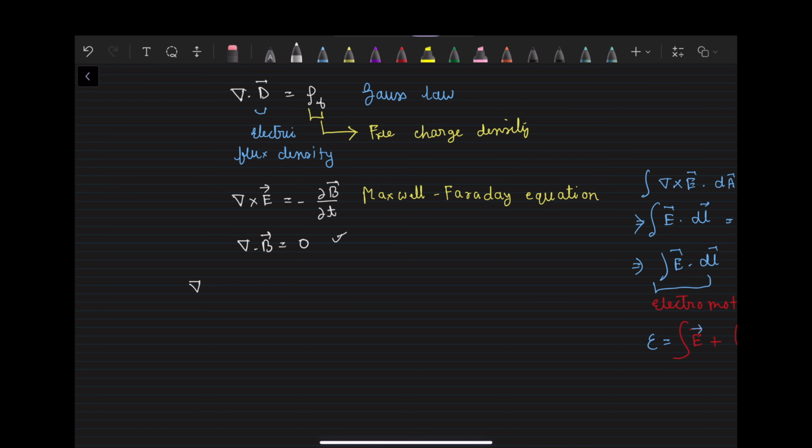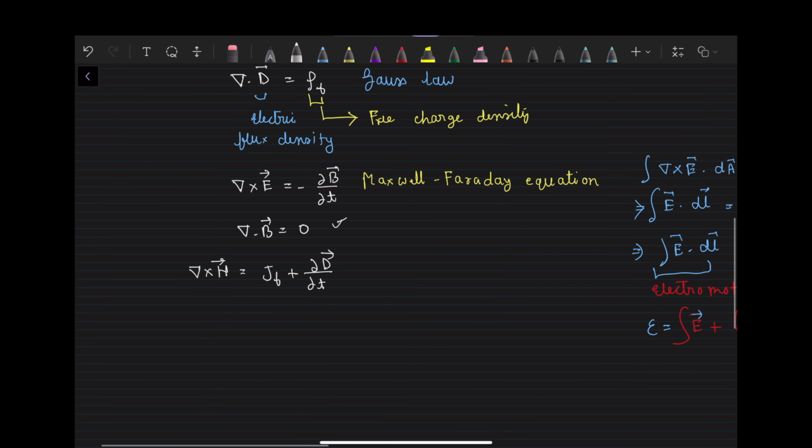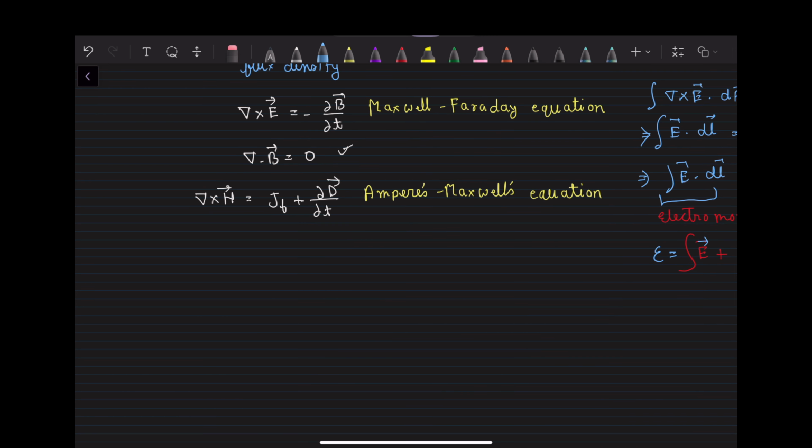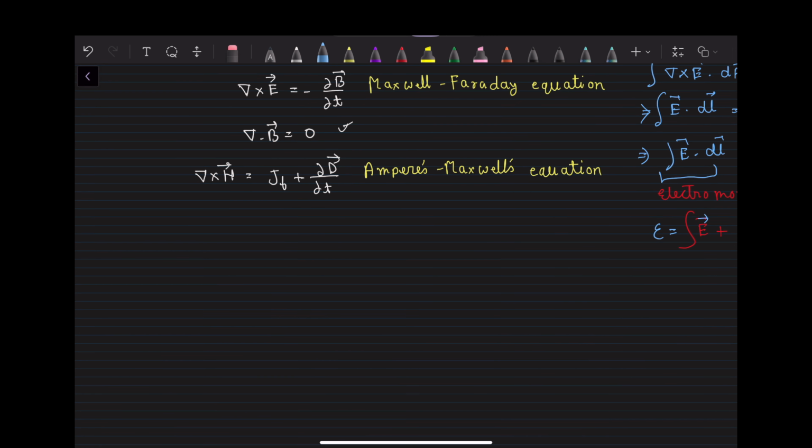Here we have the curl of magnetic intensity H, and I'll write what every term means.